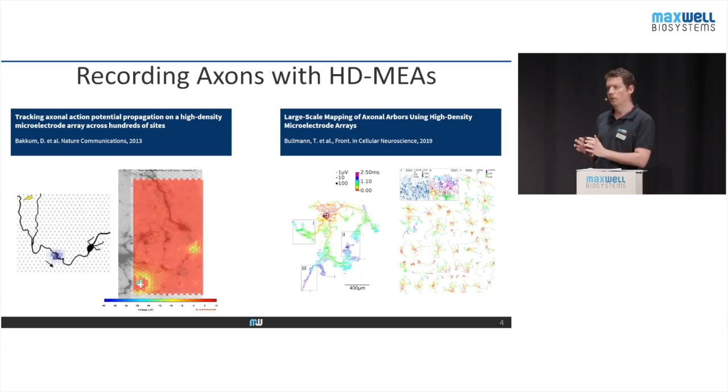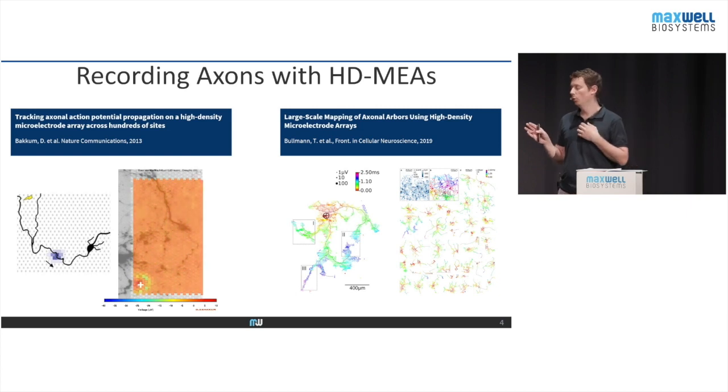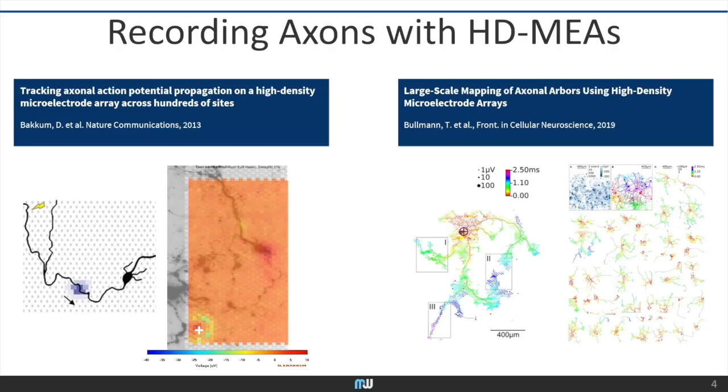So just a quick look back at what was already done with this type of technology. I chose to show two out of many papers. One work in 2013 by our former colleague Douglas Bakkum, who, I think for the first time, showed that you can trigger individual action potentials by electrical stimulation at particular electrodes, also correlated it with a staining of the neuron, and showed that he could follow the propagation.